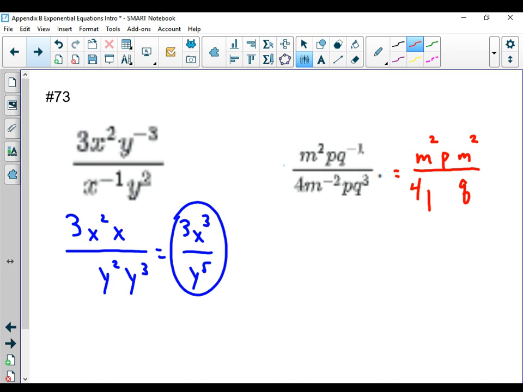This is positive, so it stays put, so does the q. And now I put things together. So I've got m squared and m squared. I've got p over p, so that's going to cancel. And then I've got 4q to the 4th. That should have been a simplified form. So we'll continue to work on those and simplify those.